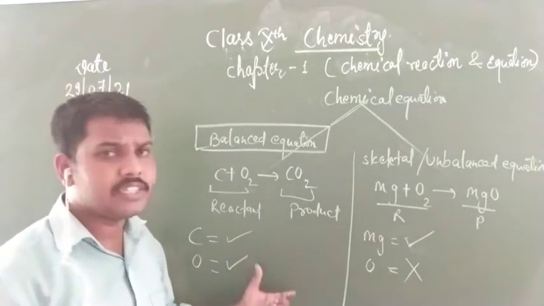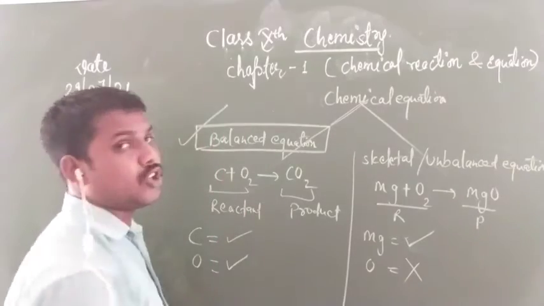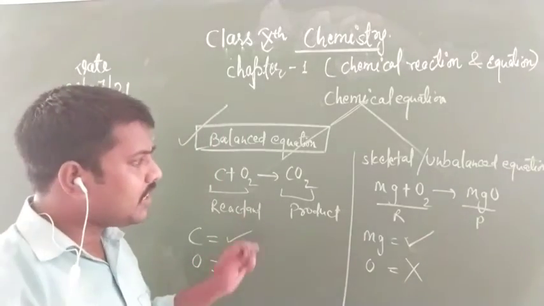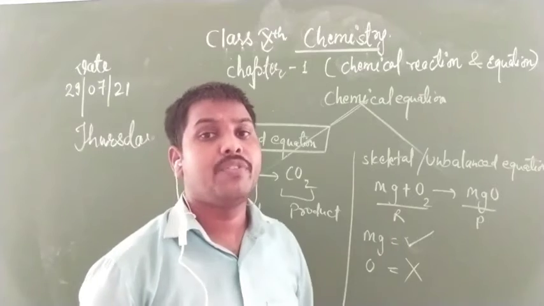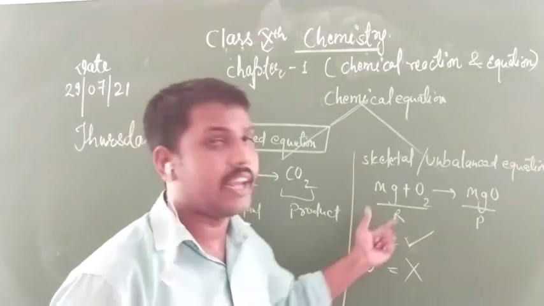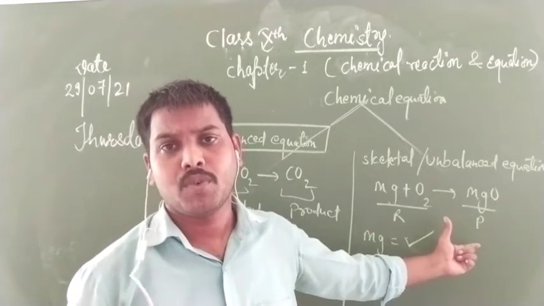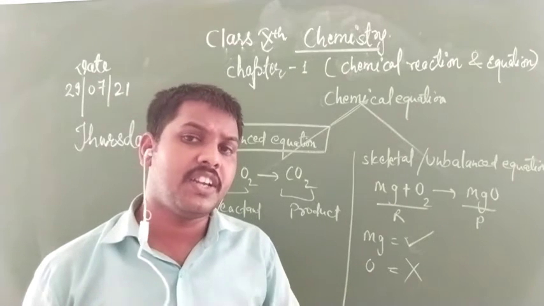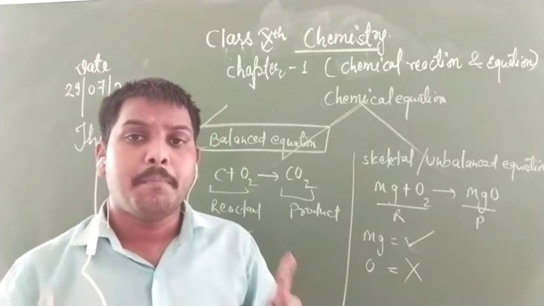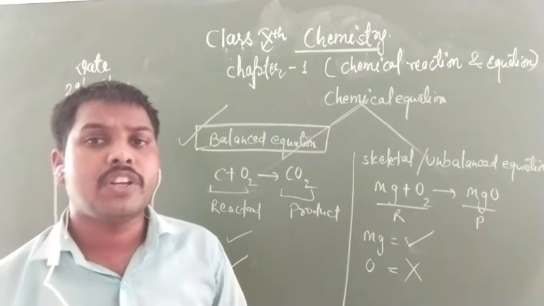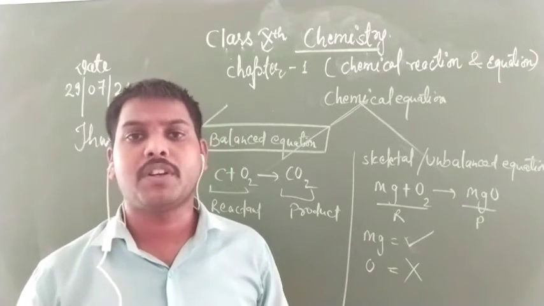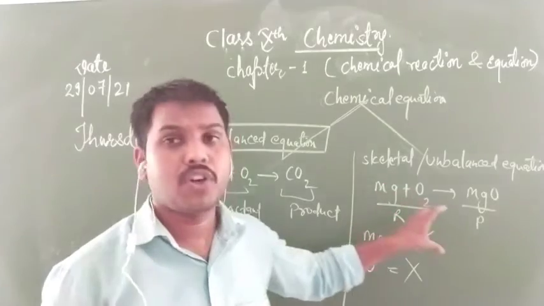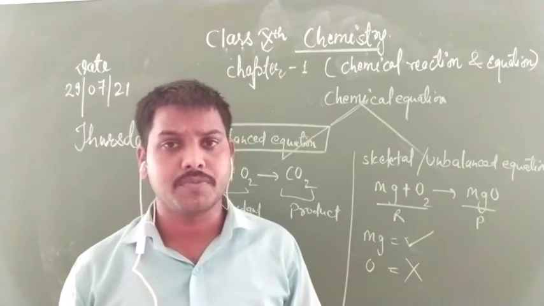So this one is balanced, meaning it is correct according to nature. But this one is unbalanced, so it is not correct. It cannot happen like this, children. Whenever magnesium burns in air it gives magnesium oxide, but if the atoms are not equal on reactant and product, it will not occur anywhere in the whole universe.